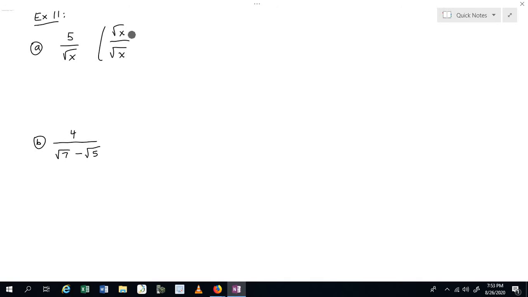Okay, so let's see what happens. Now on the bottom, I get square root of x times the square root of x. And of course on top, I just get 5 times the square root of x. But what's important here is that on the bottom, this can be written as the square root of x times x. That's a property of radicals.